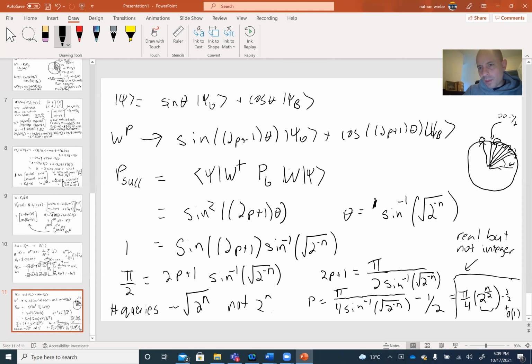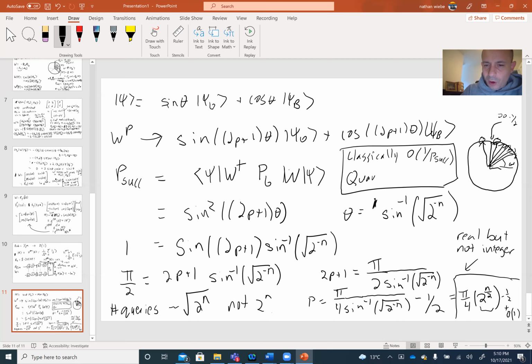And in general, for amplitude amplification, this exact same argument applies in exactly the same way. Classically, we need order 1 over the probability of success queries in order to succeed in getting a vector inside the good subspace that we want.